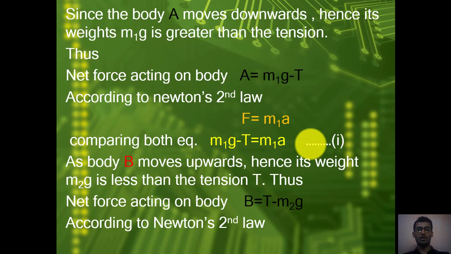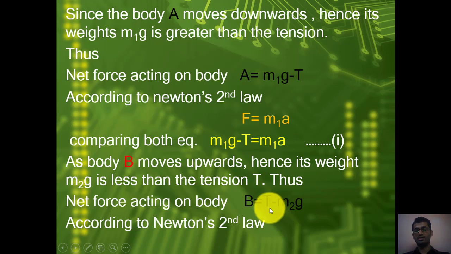Now we talk about the object B. We have seen from the diagram that the object B moves upwards as it is lighter than the object A. Hence, its weight m2g is less than the tension T. Thus, net force acting on the object B can be determined by the formula: force acting on the object B is equal to T minus m2g.